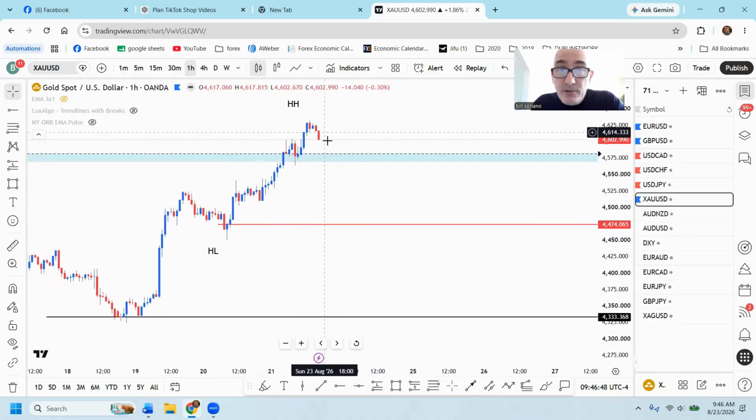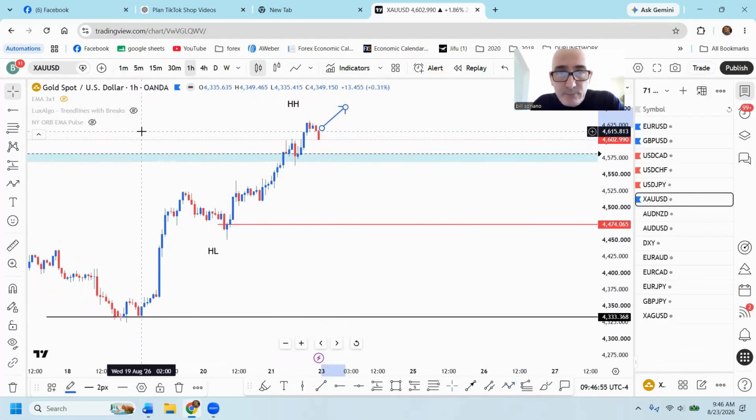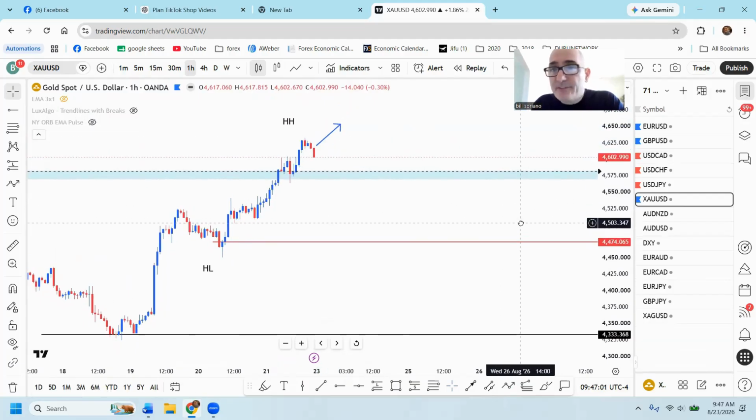All right. Now, price may continue up higher when trading opens, and we may have to find a different zone, right? So there you have it, guys. What I did is I took these 6 pairs, EURUSD, GBPUSD, USDCAD, USDCHF, USDJPY, and gold.